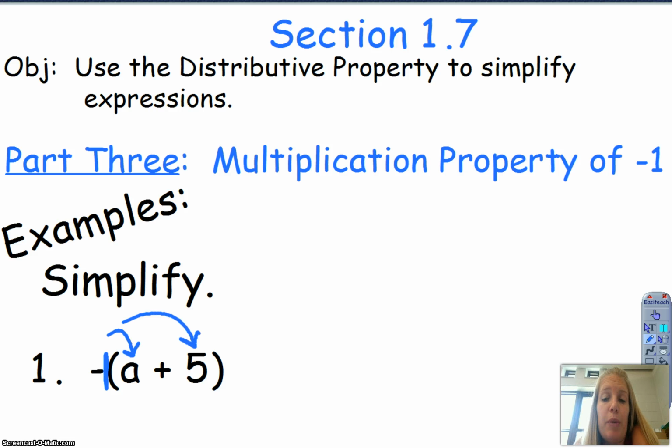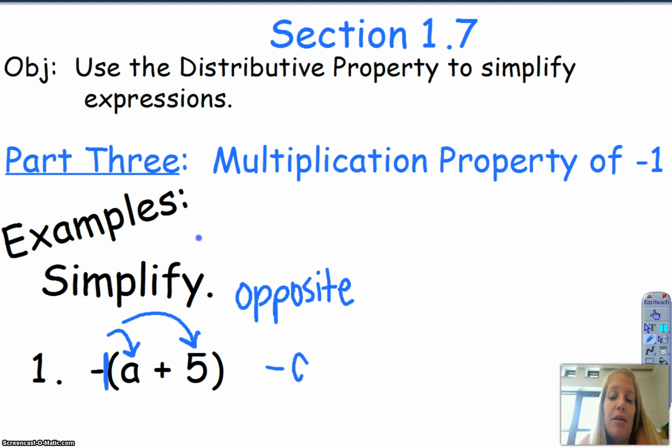Now, the faster way to think about that, instead of distributing -1, is that -1 means to take the opposite. So if I just take the opposite of everything inside, the opposite of A would be -A. And the opposite of +5 would be -5, and you'll get the answer.